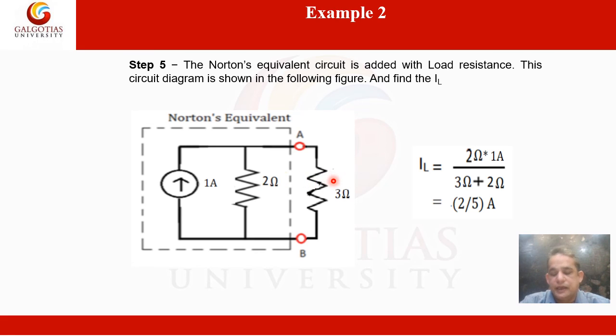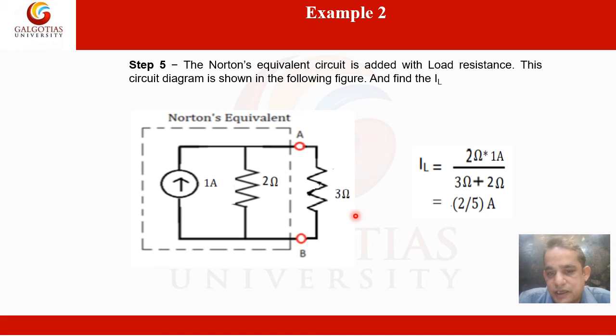Here we apply the current division rule to find the value of the load current flowing in the 3 ohm resistor. IL is equal to 2 ohm into 1 upon total resistance. Total resistance is 5 ohm. So 2 by 5 ampere is flowing in the 3 ohm.